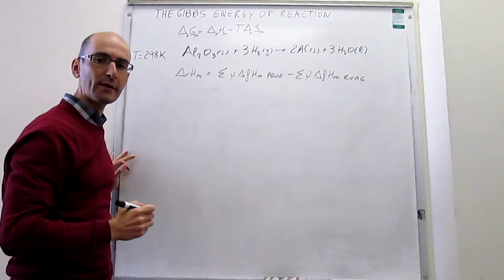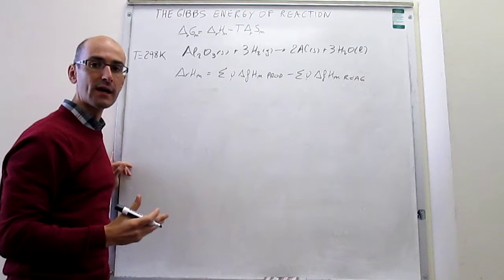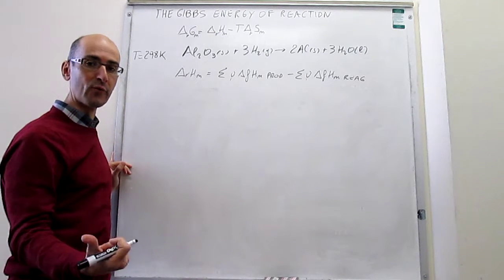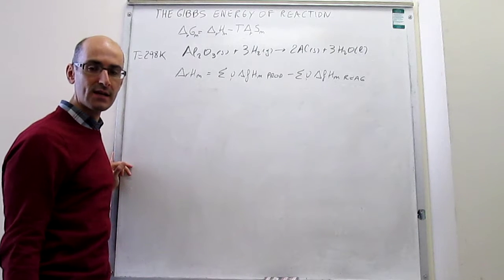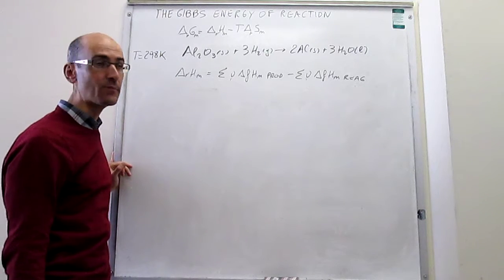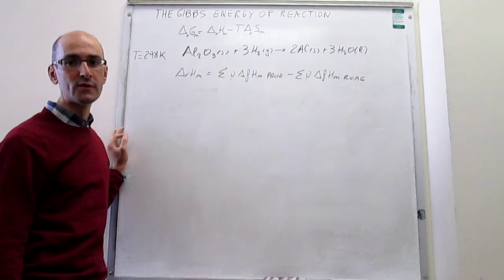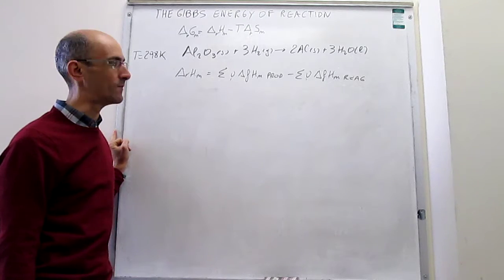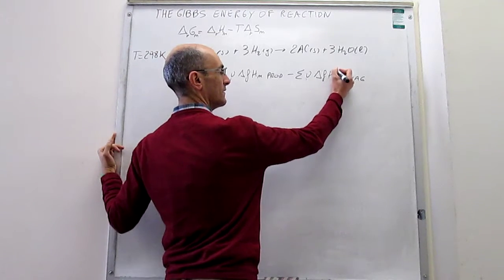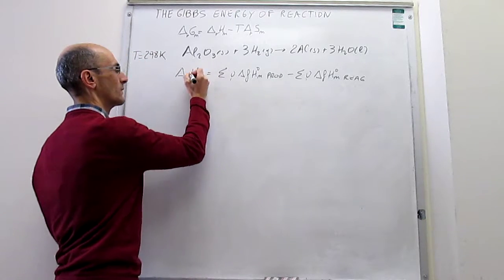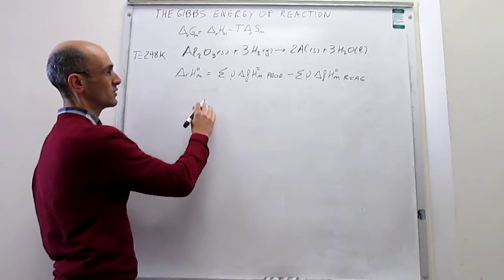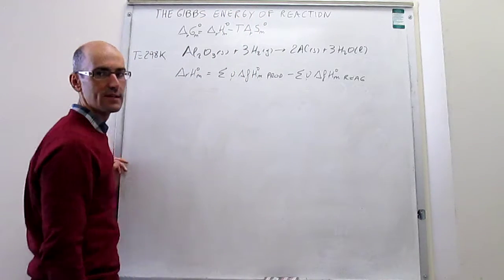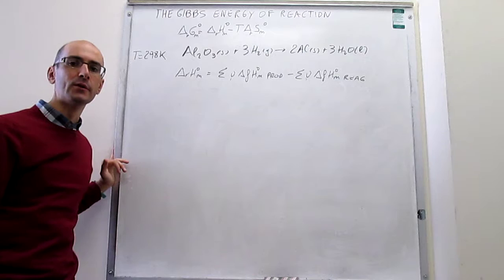Also, when we go to thermodynamic tables, those data tend to be at standard conditions, and that means that we're working with a pressure of 1 atmosphere and pure substances, and also they're given at 298 Kelvin. So that is, in principle, the only temperature that we can use to calculate this change in Gibbs energy of the reaction. The standard denomination is usually denoted with this symbol, which means that because we're always using standard data, our data is all going to be at the standard state. Again, 1 atmosphere of pressure and pure substances.